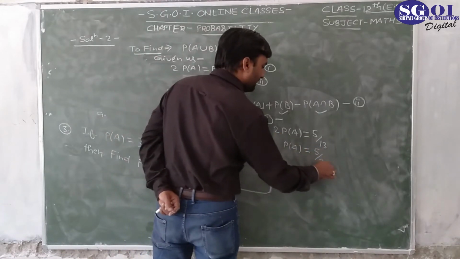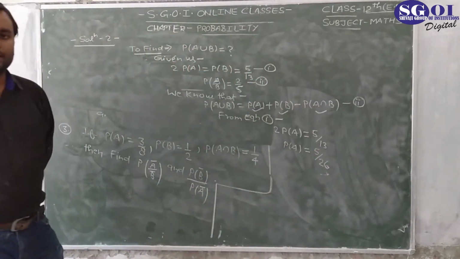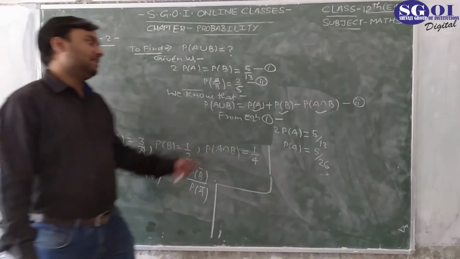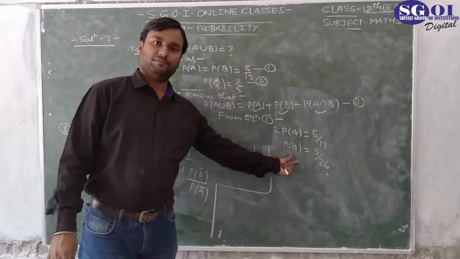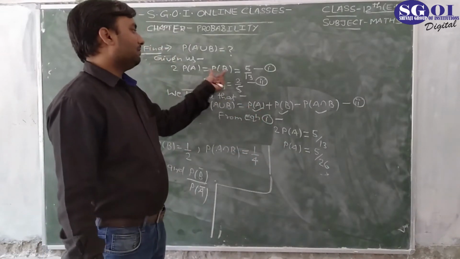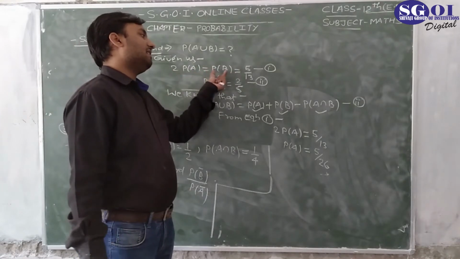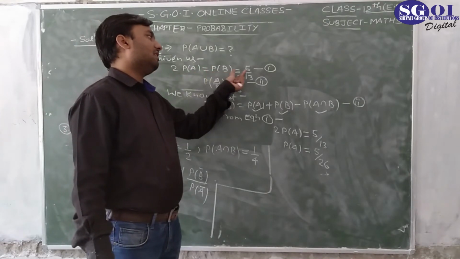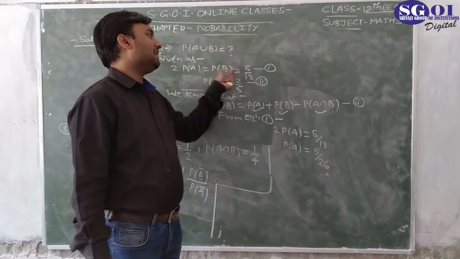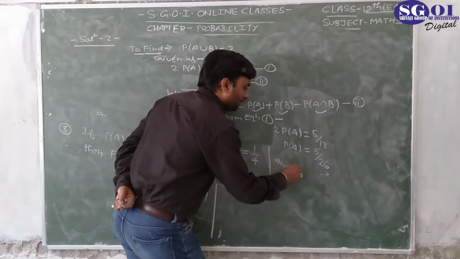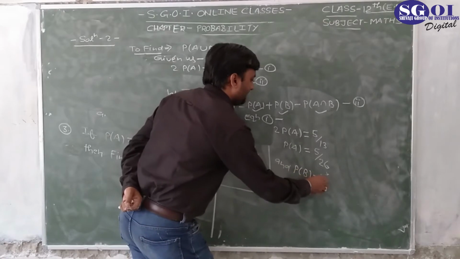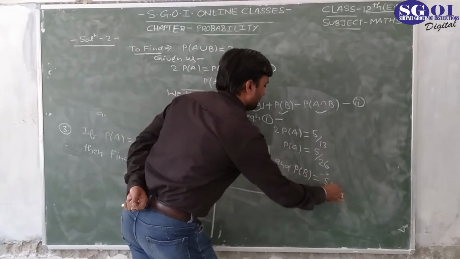Probability of A will be 5 by 60. This is the probability of A. So I have succeeded in finding probability of A. Now from the equation, probability of B is equal to 5 by 30.